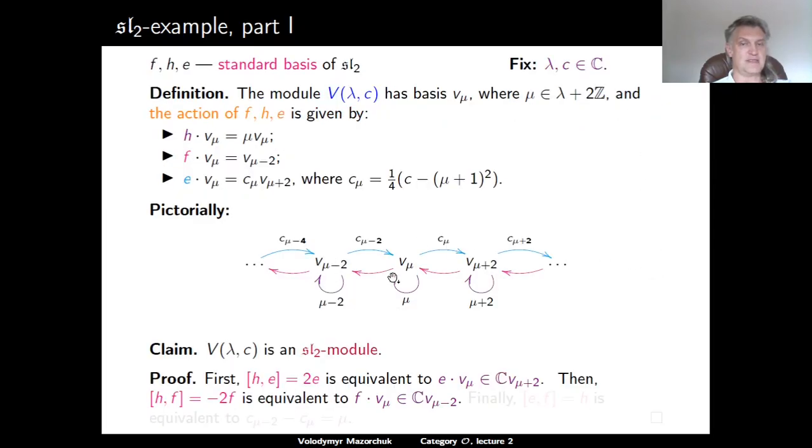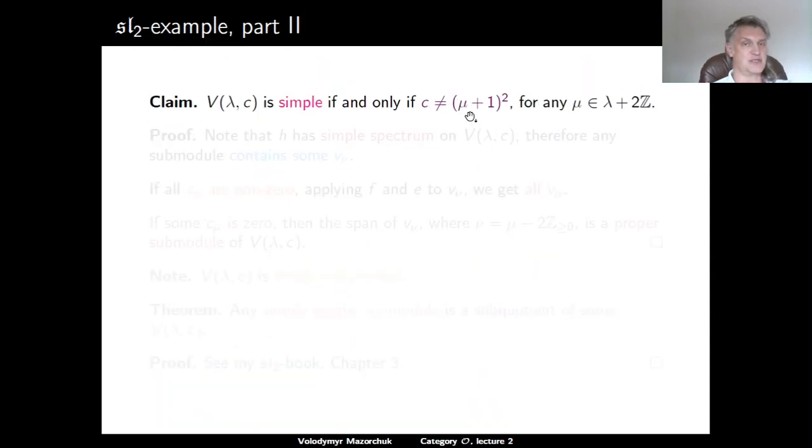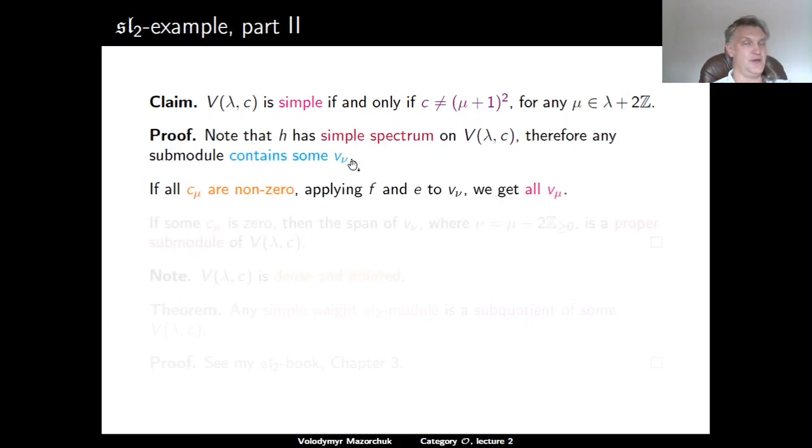So starting from this basis vector v mu, applying the element F, we can get all vectors to the left, and F acts always in a non-zero way. Applying the element E, we can go to the right under the assumption that all coefficients c mu are non-zero. So if all coefficients c mu are non-zero, which is equivalent to our assumption, then applying F and E, starting from v nu, we can obtain all our basis vectors, which means that our module is simple.